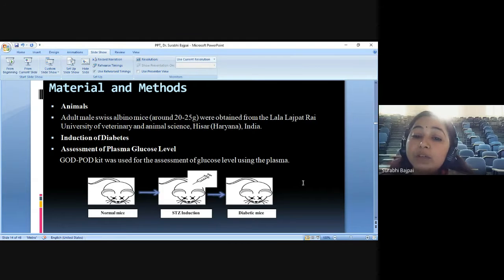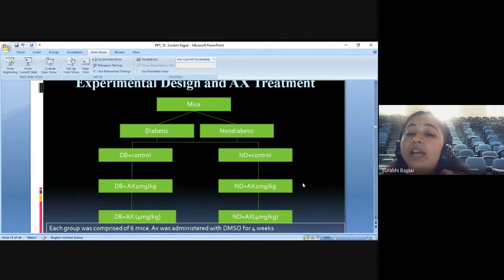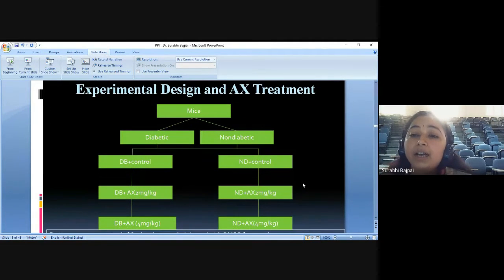The mice were not used right away; they were left for 2 weeks for the development of diabetic neuropathy, because that doesn't happen in just one day. Thereafter, we divided the mice into diabetic and non-diabetic groups, and we did certain behavioral assessment studies on these mice to confirm diabetic neuropathy.